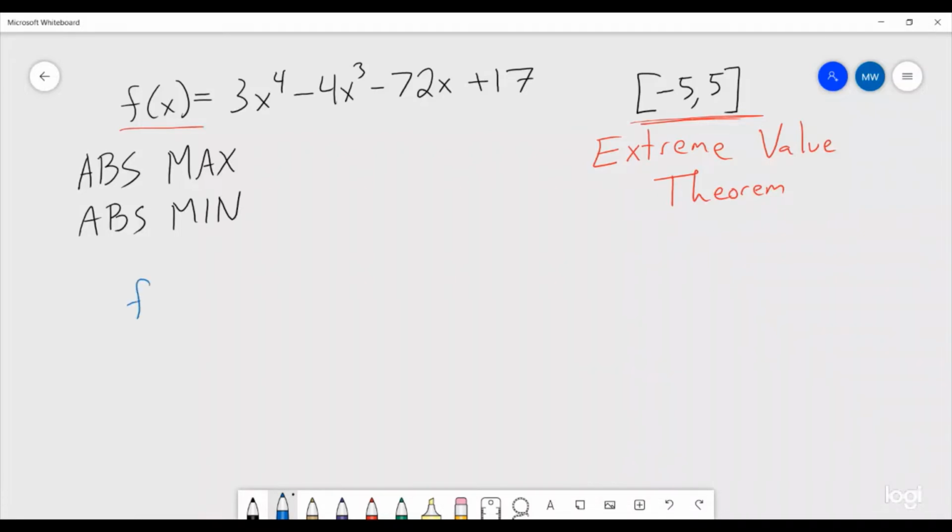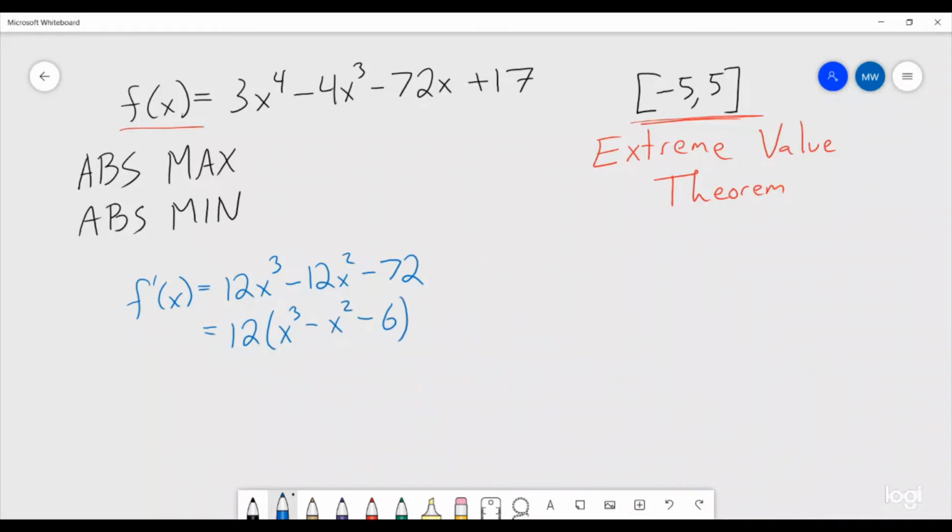So we need to take the derivative. The derivative of this is going to be 12x cubed minus 12x squared minus 72, which is able to have a 12 pulled out. So we get 12 times x cubed minus x squared minus 6.